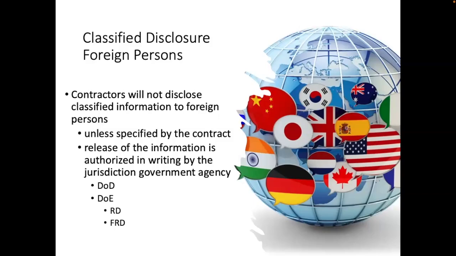If you're working with restricted data and formerly restricted data, you've got to get permission from the Department of Energy before you share that information with foreign persons. And that's whether or not you export it overseas, remove it from your facility and bring it overseas, or give access to a foreign person that is working in your environment.